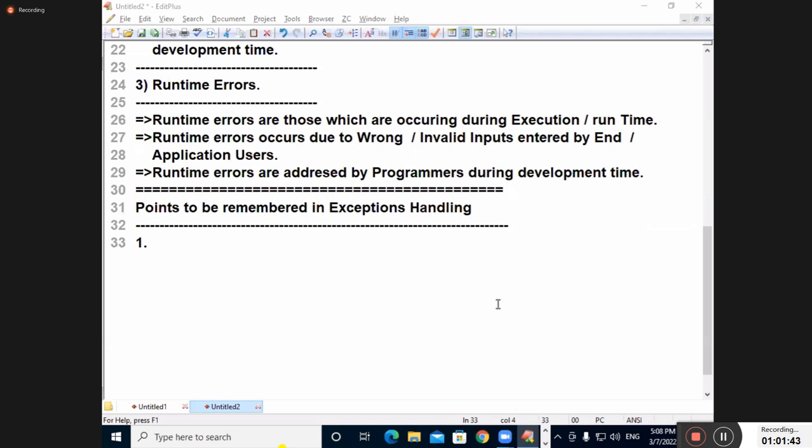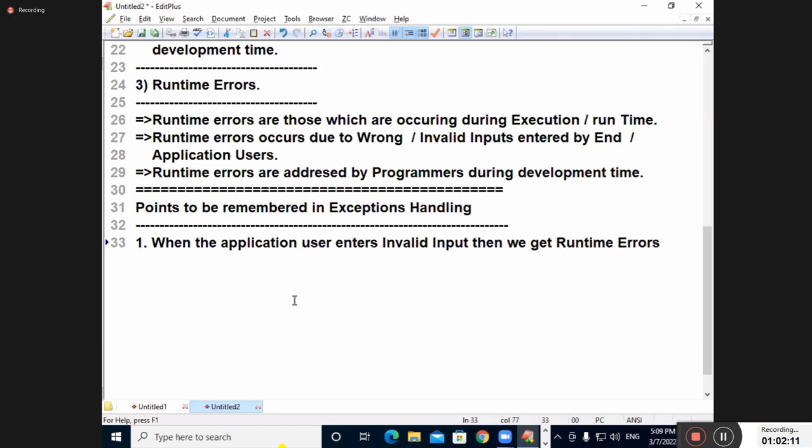So I am going to say, when the application user enters invalid input, we get which errors? Very good, runtime errors. Point by point I will write. After you say understood, then I will move forward.